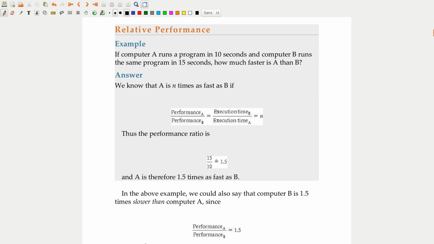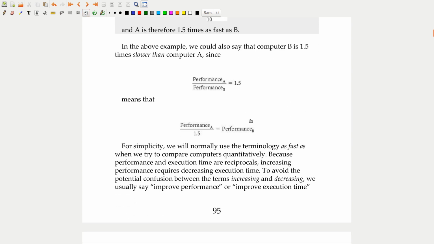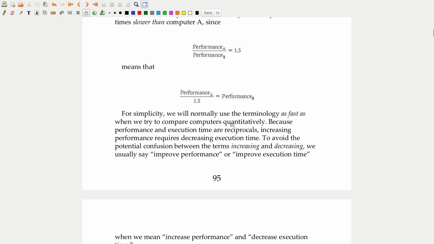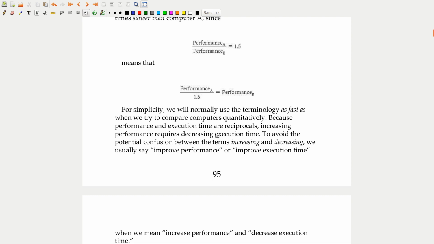So B is 15, A is 10, 1.5x faster. So we get a modest increase. That's pretty good. Sometimes you get papers that have giant 937 times faster, which is fairly interesting. And then some more rearranging: performance of A over the scaled performance to get from B to A is going to be performance of B.